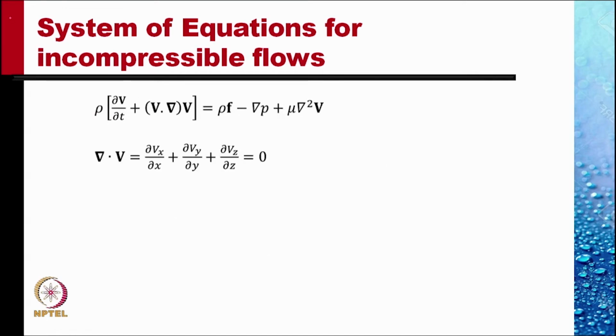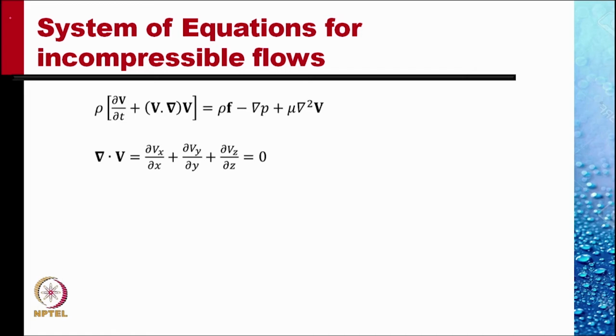This equation, if we consider this in 3 dimensions, has 4 unknowns: the velocity components Vx, Vy and Vz, and the pressure P. But this system of vector equation consists of only 3 scalar equations.